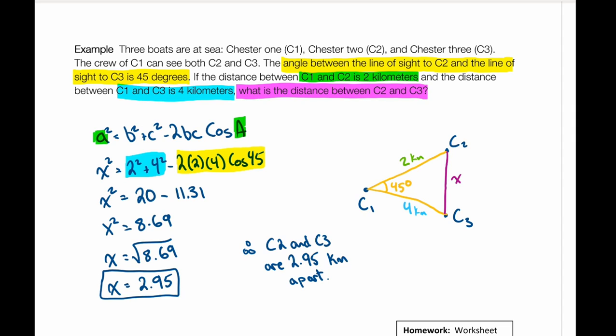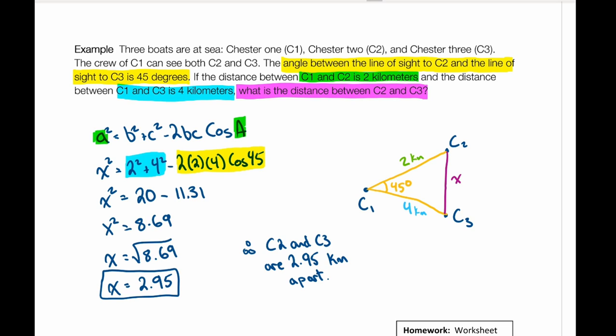And then b and c are just going to represent our two other known sides. So again, going through, solving the first part separately, solving the second part separately, just so I make it a little bit easier on myself when I calculate. After the square root at the end, we should find that the missing side length is 2.95, or basically C2 and C3 are 2.95 kilometers apart. So again, that's how we can use the cosine law to find a missing side length.